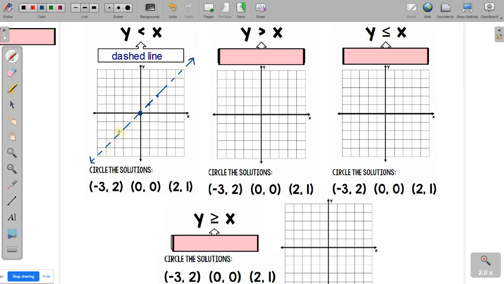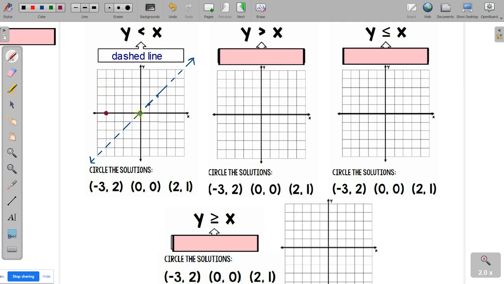So now that we have our dashed line, we need to figure out if we're going to shade this part of the graph, the top part, or the bottom part. So we need to pick a point that's not on the line. So let's pick right here.